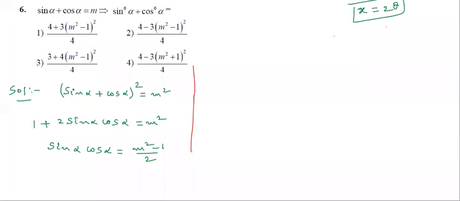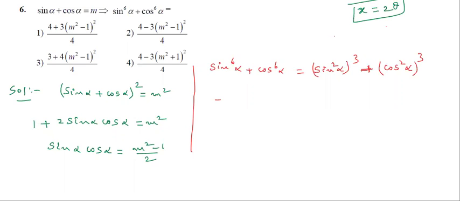Next, sin power 6 alpha plus cos power 6 alpha. We can write this as sin square alpha whole cube plus cos square alpha whole cube. This is in the form of a cube plus b cube.